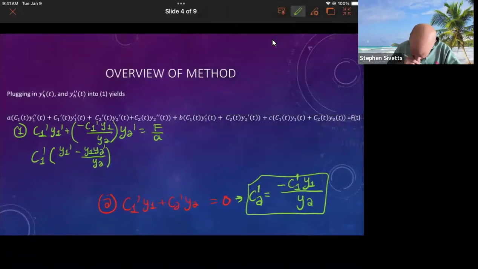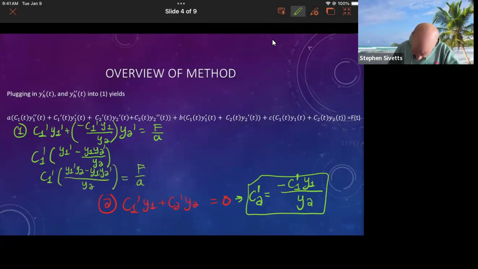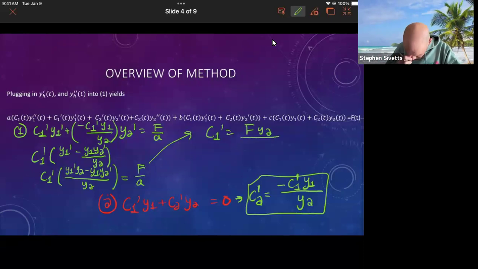And so this will be C1 prime times Y1 prime Y2 minus Y1 Y2 prime over Y2 equals F over A, which means that C1 prime equals F times Y2 over A times Y1 prime Y2 minus Y1 Y2 prime.